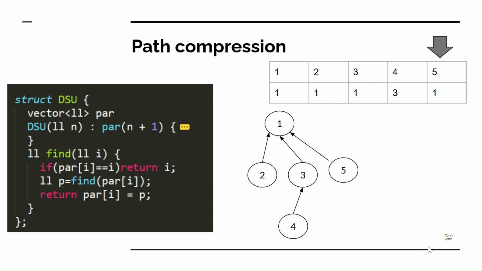Suppose there are many nodes across this chain when we are moving deeper in the stack. All the edges in this stack are going to be removed, and directly all these nodes are going to point to the root node, that is 1. So this is decreasing the depth of the tree. So this is the first optimization.